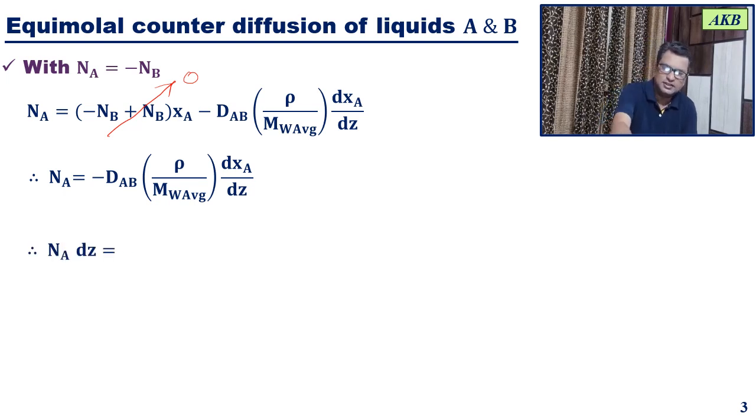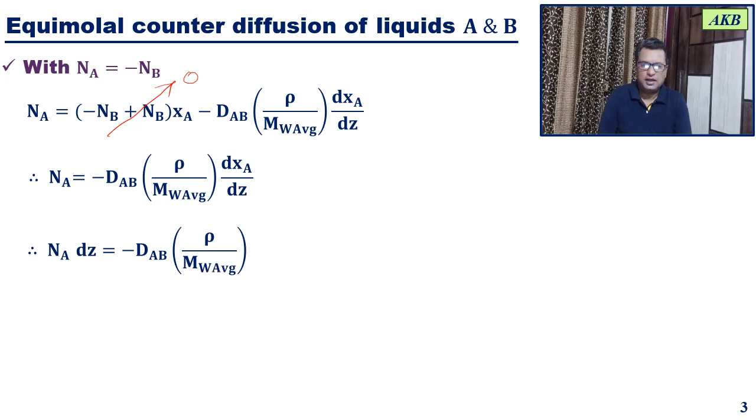The next step is I'll just separate the variables. You have two variables, Xa and z. So I'm bringing dz to the left hand side of this equation. So I have Na into dz is equal to minus Dab rho upon Mw average into dXa. What can you say about this equation?